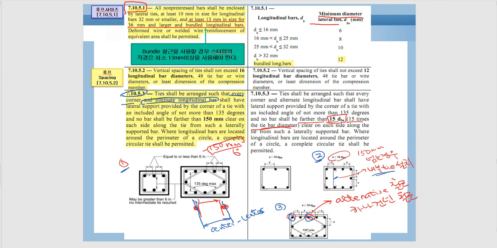So this is a very difficult term, isn't it? Alternate. Alternate means one skipped, right? So this is corner levers and this is alternate levers. So alternate levers shall have a lateral support. So lateral support is like a hoop that we are discussing right now, right?